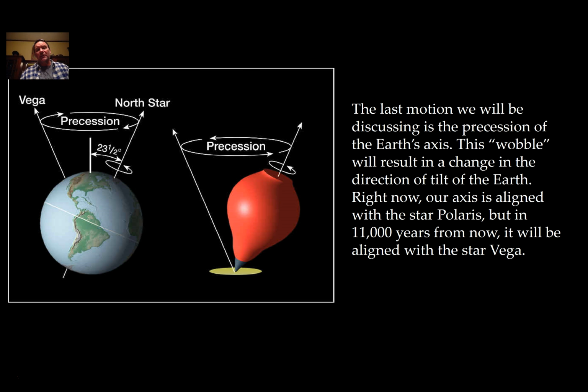Because of the Earth's precession, our axis will eventually end up pointing towards the star Vega. And of course, this is going to change how we see constellations in the night sky. In approximately 11,000 years, there's going to be a change to our night sky because of the Earth's precession.